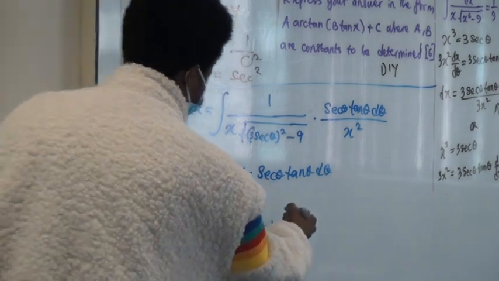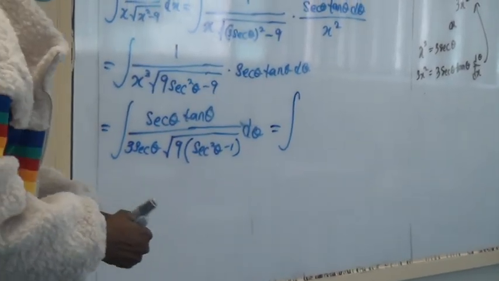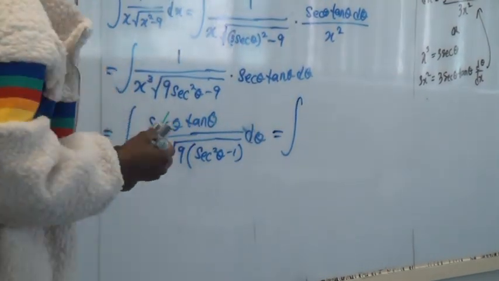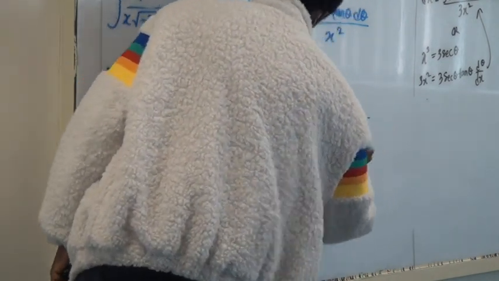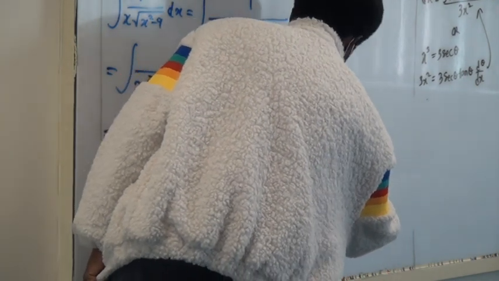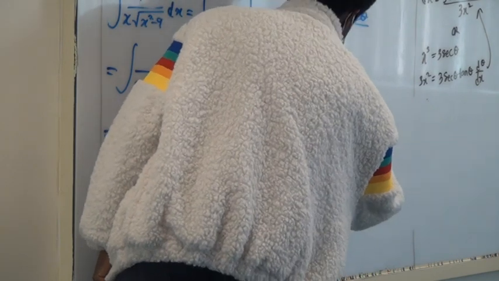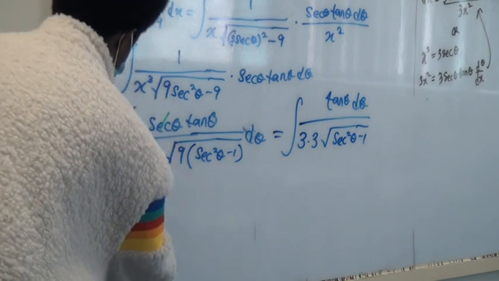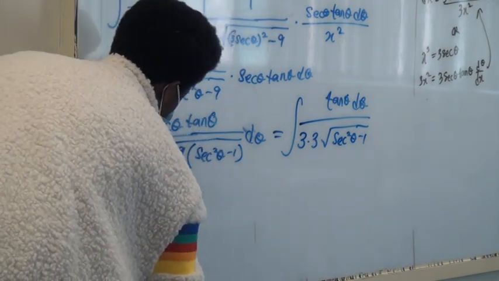So, what do we have next? Integral, yes? I think we can easily just cancel this so we don't write too many things. At the top we have tan, at the bottom we have 3 square root of sec squared theta minus 1, and here we have tan theta d theta. Yes? So everything becomes the integral square root of 9.